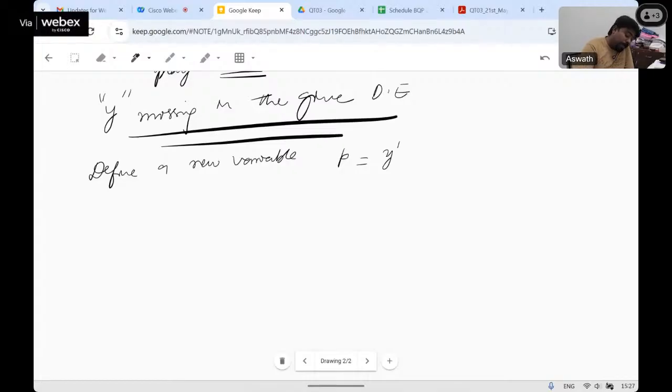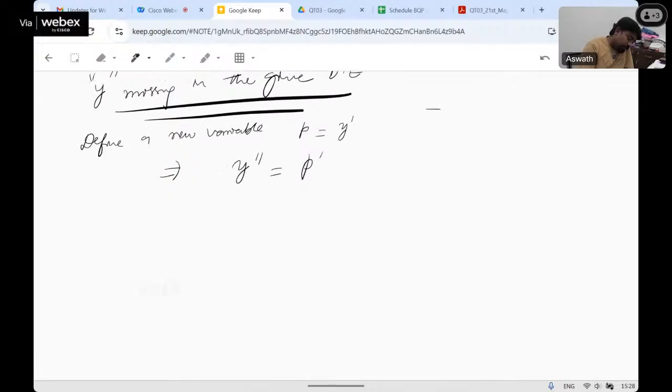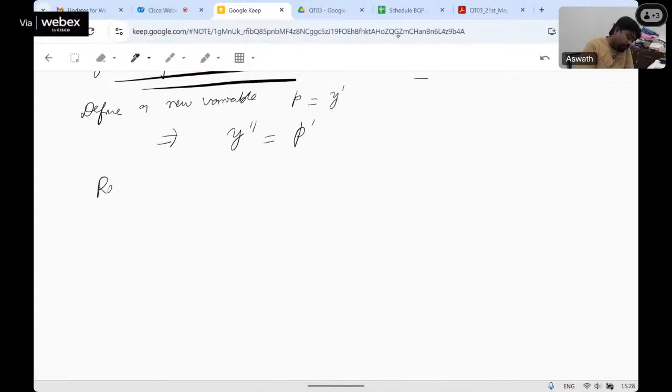What that implies is that y double derivative is just p prime, the derivative of p. In this way, you can reduce the higher order differential equation. So you can reduce second order DEs to first order DEs.